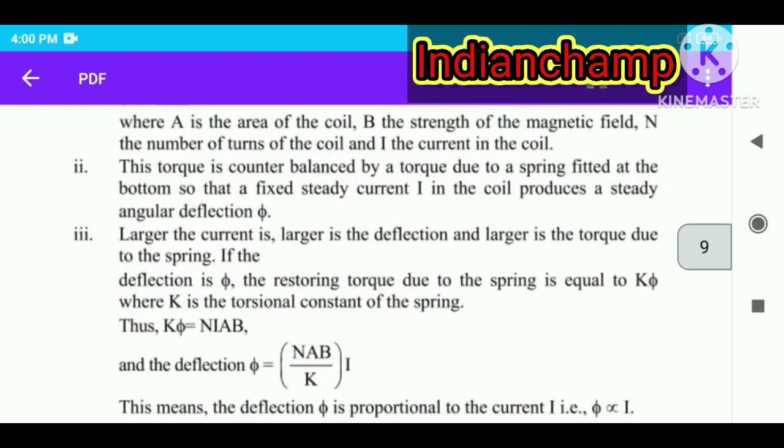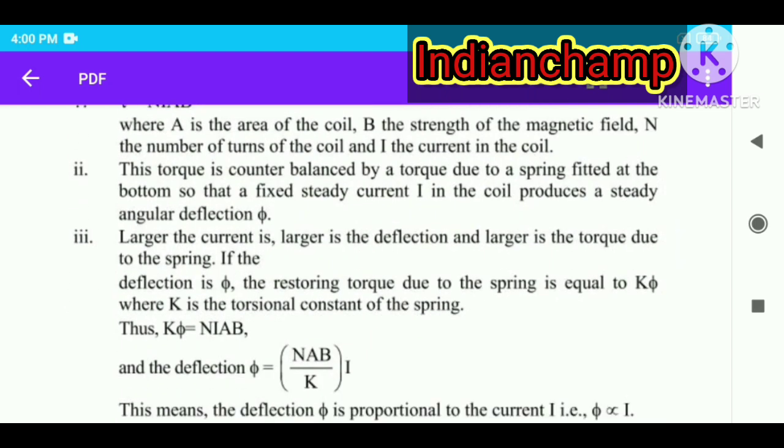Second, this torque is counterbalanced by a torque due to a spring fitted at the bottom, so that for a steady current I the coil produces a steady angular deflection phi. The larger the current, the larger the deflection, and the larger the torque due to the spring.